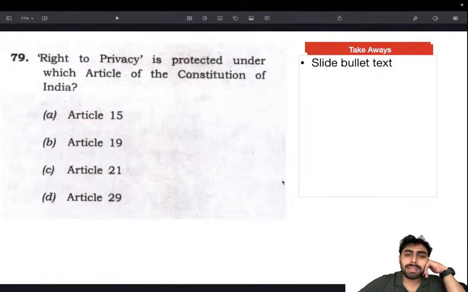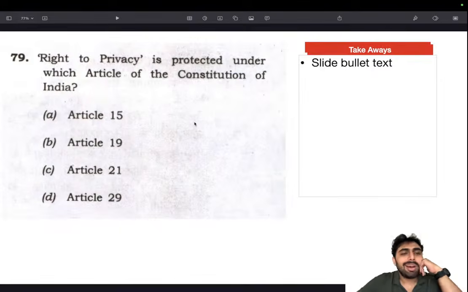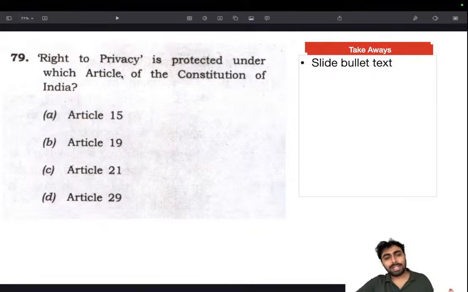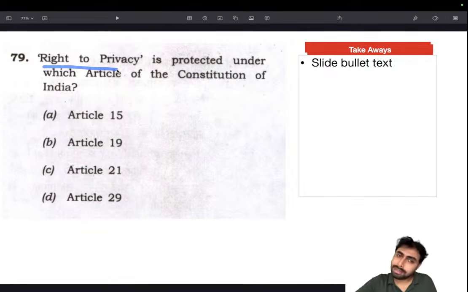Then right to privacy, UPSC's favorite. Every year there will be at least one question regarding right to privacy, right to life, right to marry someone you like as in consensual marriage, things like that. So there will be this right to privacy, which is always there. So Article 15, right against discrimination. Article 19, right to freedom of speech and expression.